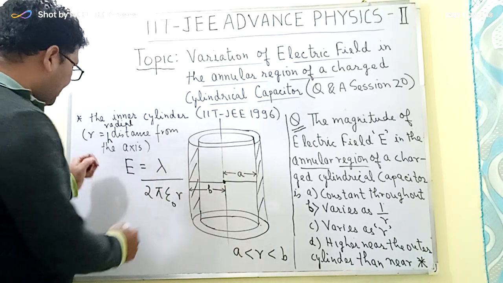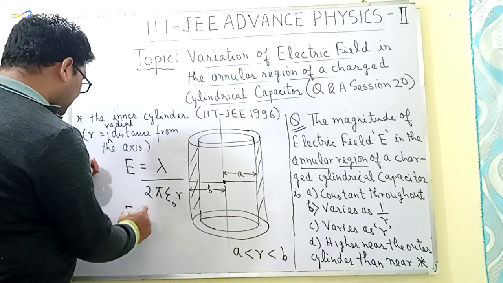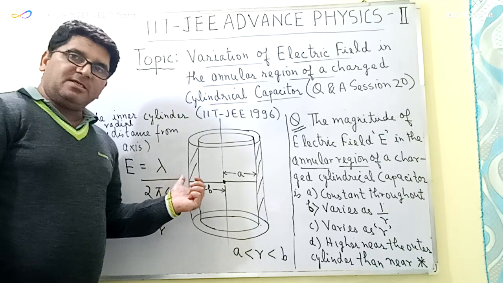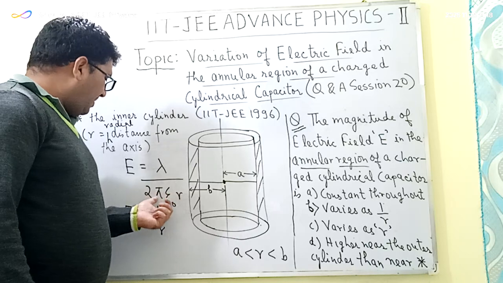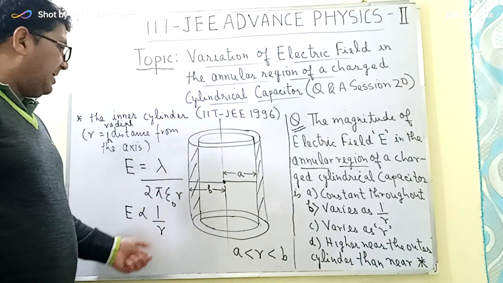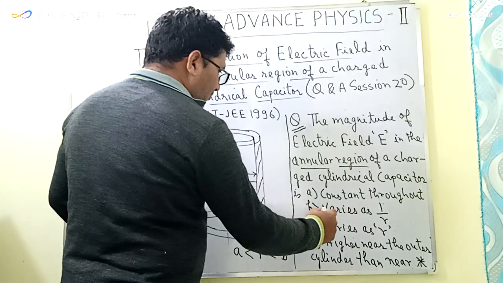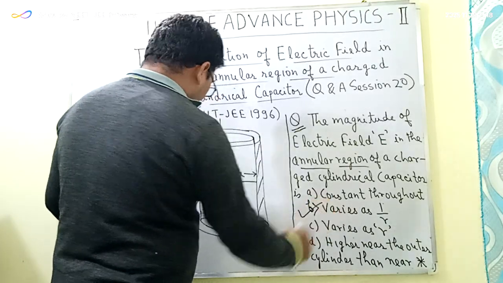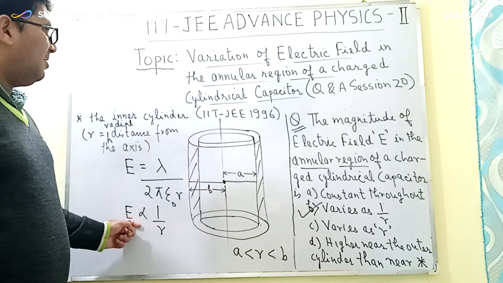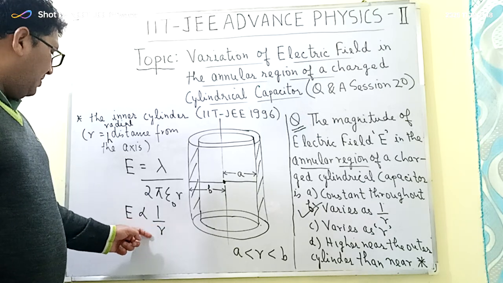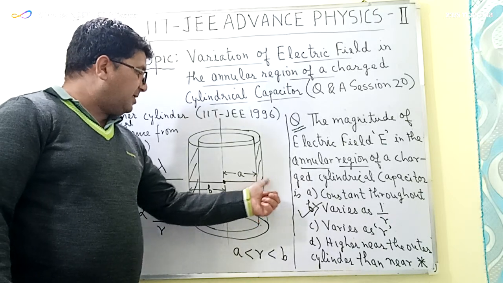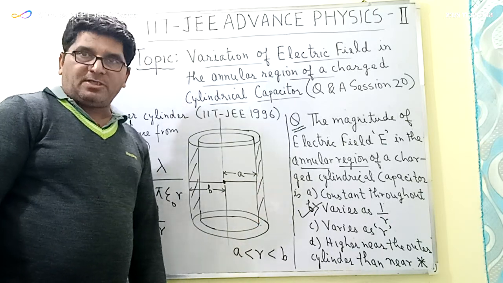From this equation, E is directly proportional to 1 by r, because lambda is the linear charge density which is constant, and 2 pi epsilon naught is also constant. So we can see that the magnitude of the electric field varies as 1 by r. In other words, the magnitude of the electric field will decrease as I move from the inner radius towards the outer radius.